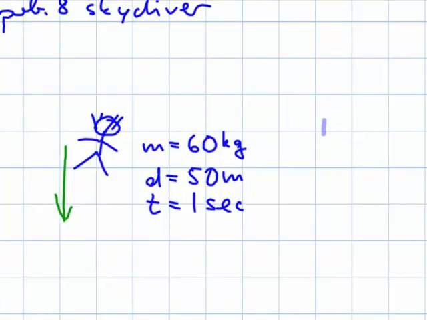The power exerted by him on the air would be the work that is being done due to the air resistance divided by the time. The work is, well, force times distance, or mass times gravity, because that's the same as the air resistance.